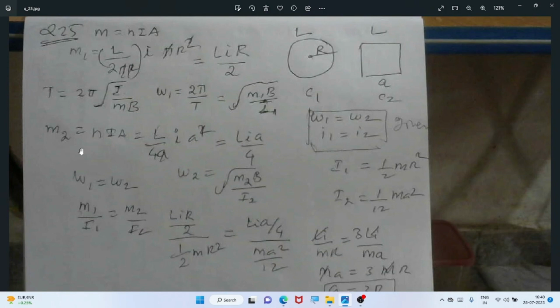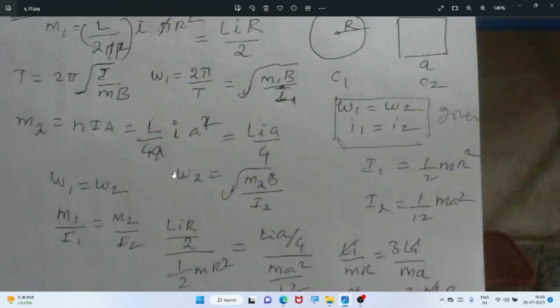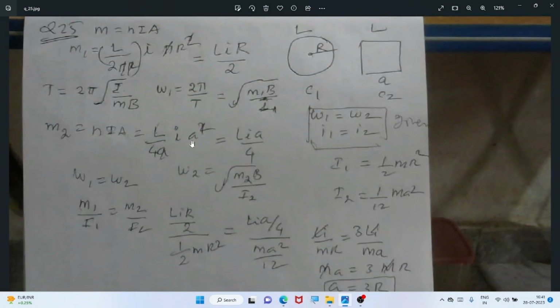Similarly for M2, for the square, the number of turns is the length L divided by 4A, for 4 sides. Then the area is A square. After simplification it comes here. They are saying both the oscillation frequencies are the same, that is omega 1 equal to omega 2.